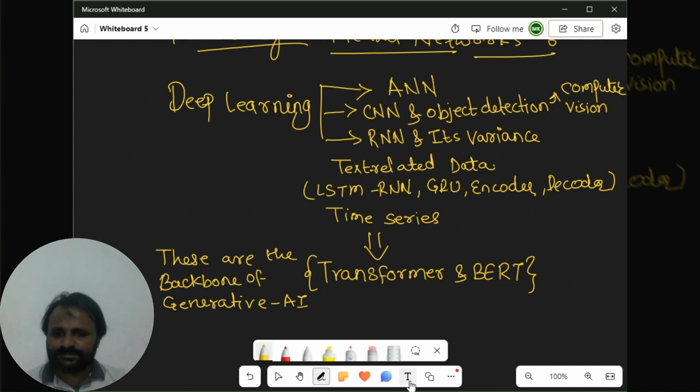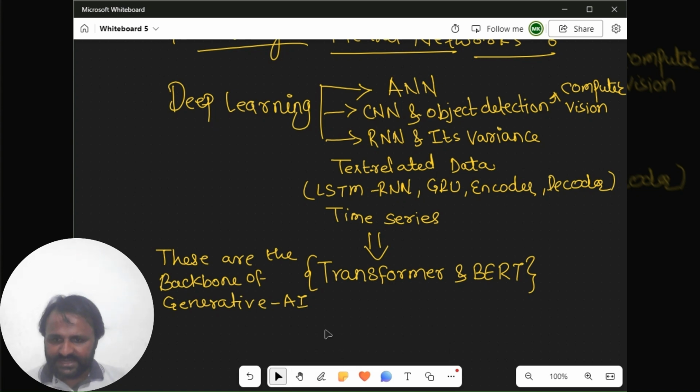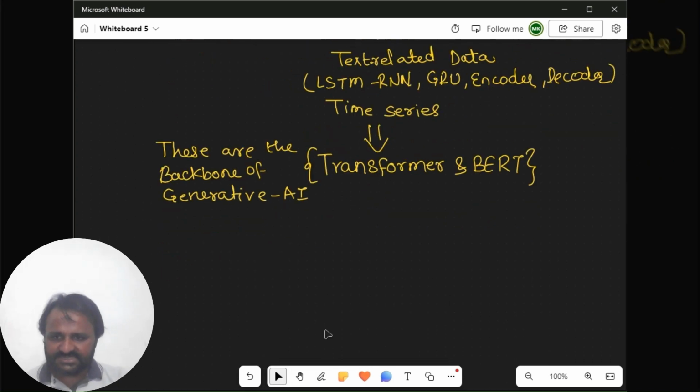I can try to explain with this tree so you will get a better understanding. After this, transformer and BERT, these multimodals, are very important. Without understanding transformer and BERT, you are not supposed to enter the generative AI world.